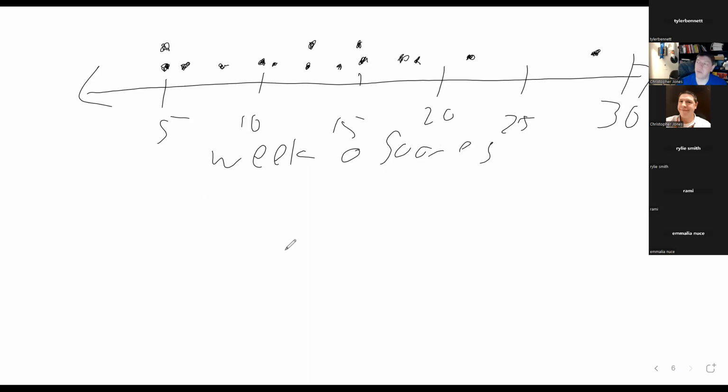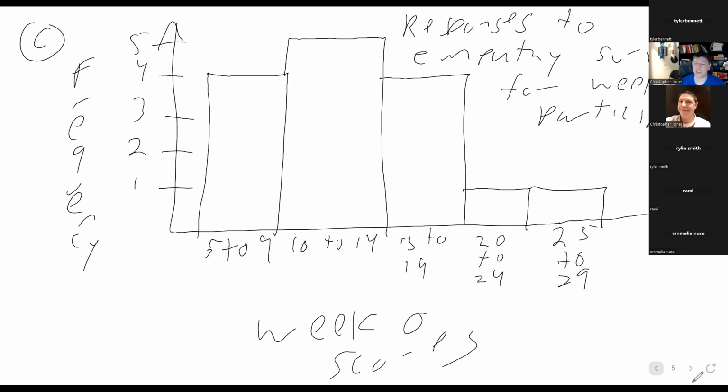Let me go back, and I'm going to ask you all to help me out with the shape, center, and spread of this histogram. Take a moment and think about what you perceive to be the shape, center, and spread of this thing, and then I'll ask you what you think. Remember, shape is the modality: unimodal, bimodal, multimodal, or uniform.